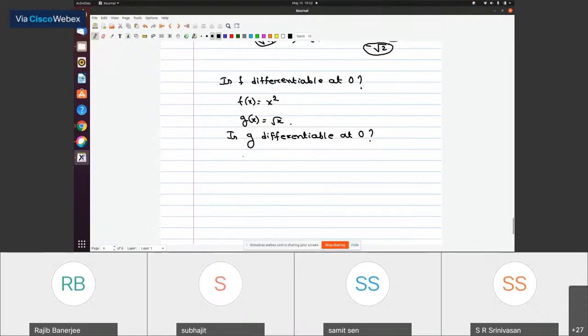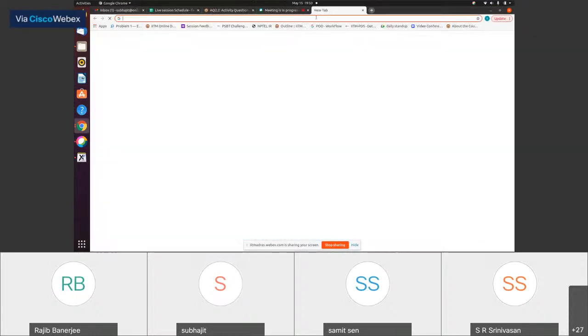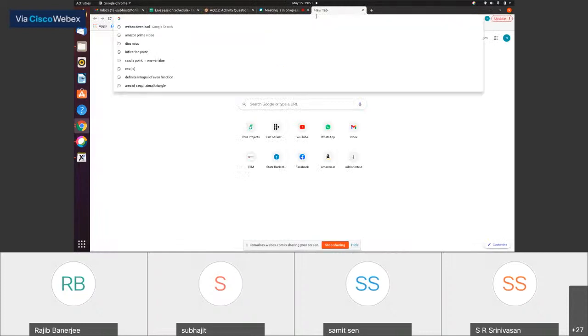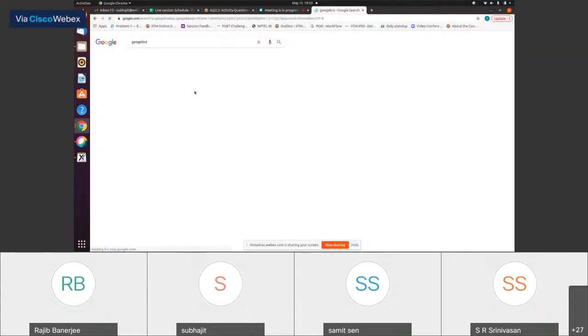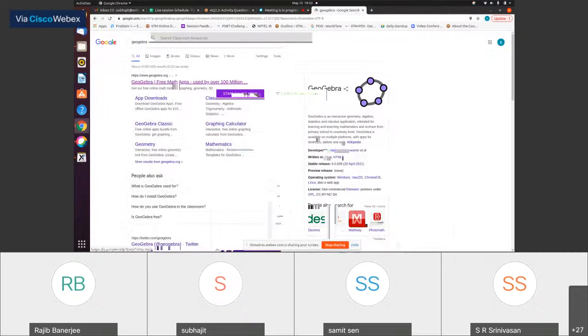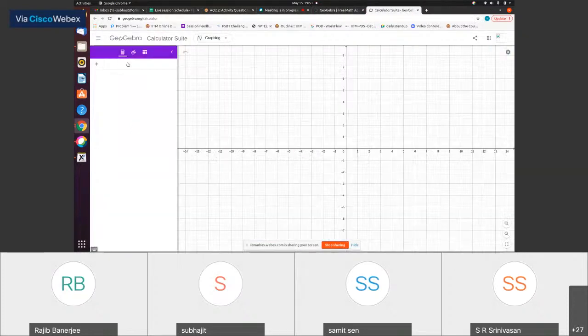Let me show you the graph of this, then it will be clearer. My function is x to the power half, and taking the square root of x also works.